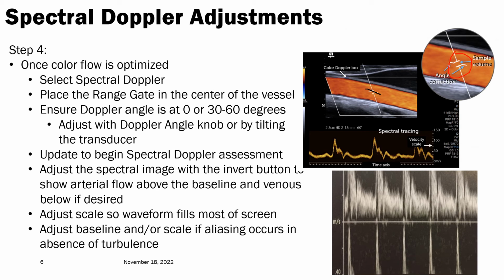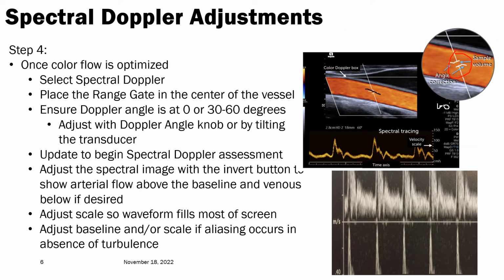And then number two, you want to make sure that it is reading either 0 degrees or 30 to 60 degrees. And those are going to get you the most accurate velocities of your spectral tracing. And there will typically be a little notation, usually in one of the corners. I believe in this case it's covered up by this magnified image, but there will usually be a listing of what Doppler angle you're at here.